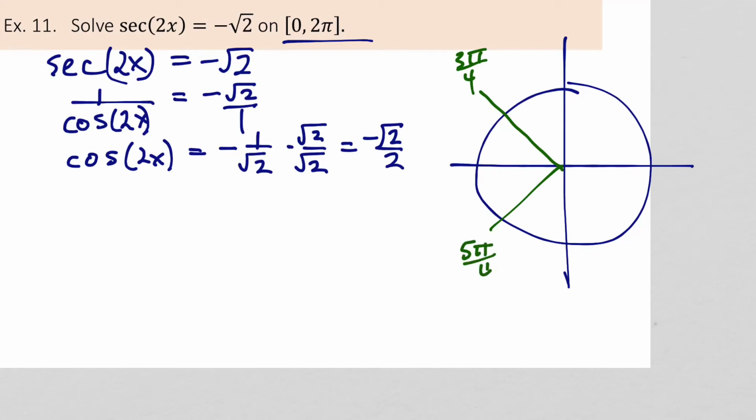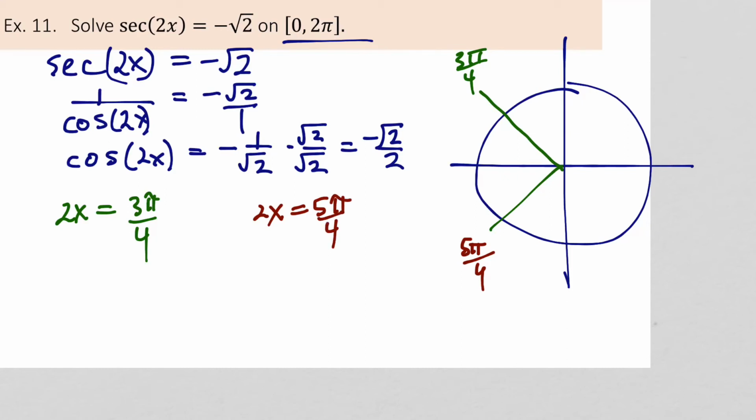All right, so that tells me that my angle 2x is equal to 3 pi over 4. So let's do it in different colors. And my angle 2x is also going to equal 5 pi over 4.